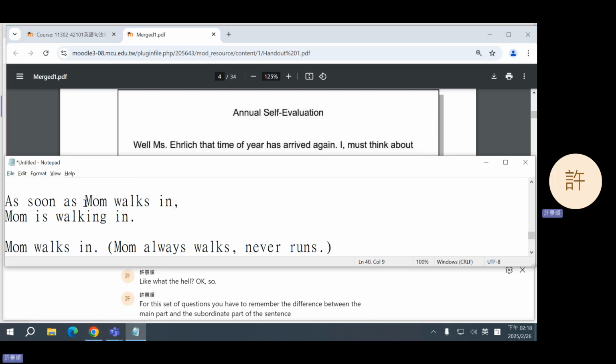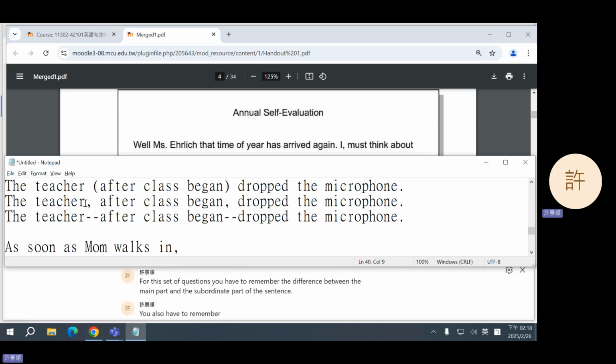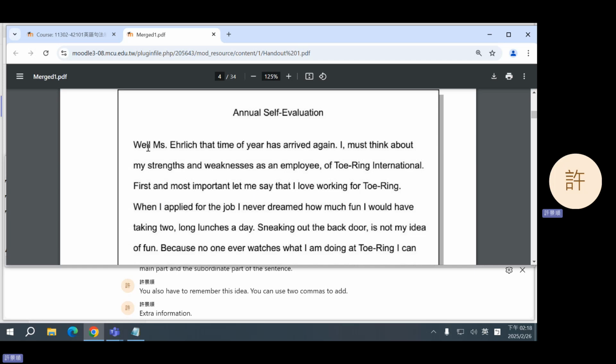You also have to remember this idea. You can use two commas to add extra information. So the first comma is here, and the second comma is here.